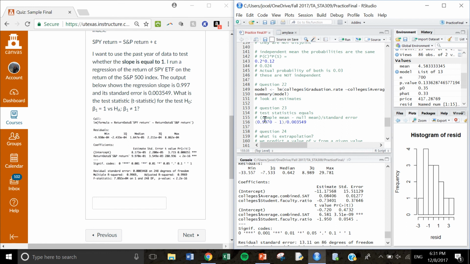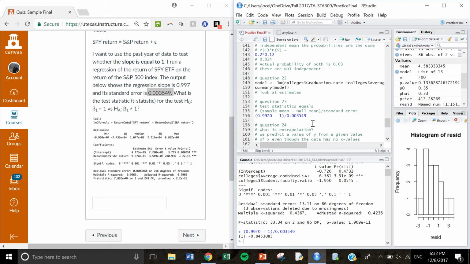So when I ran this with my sample, I got 0.997, and the null value, I want to test whether it's equal to 1, so 0.997 minus 1, and I divide by the standard error, which it tells me right here, and it also told you down here in the picture, if you wanted to look at the picture. So I run this, and I get that the test statistic is negative 0.845.